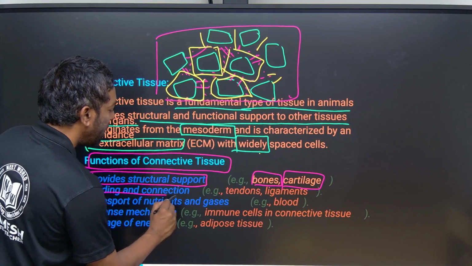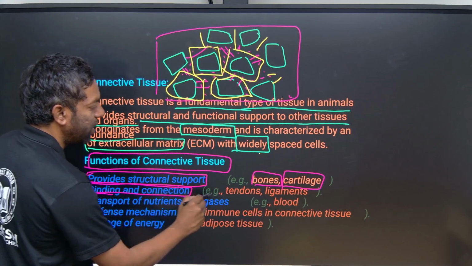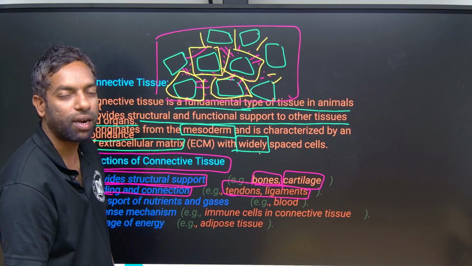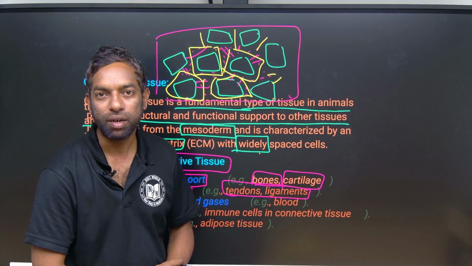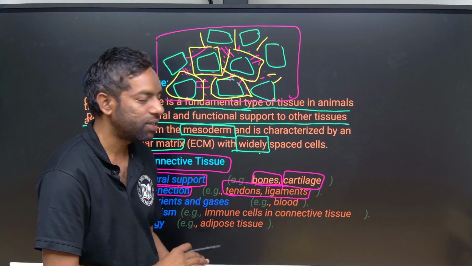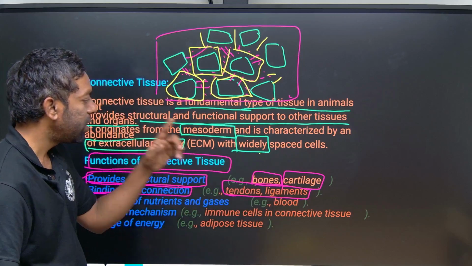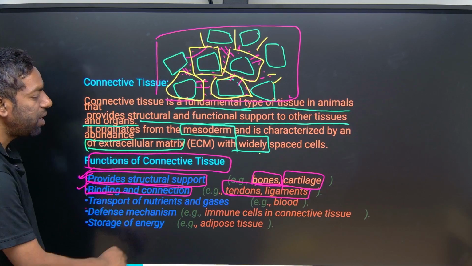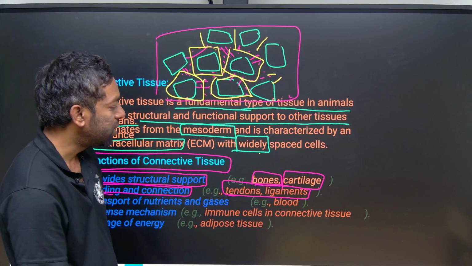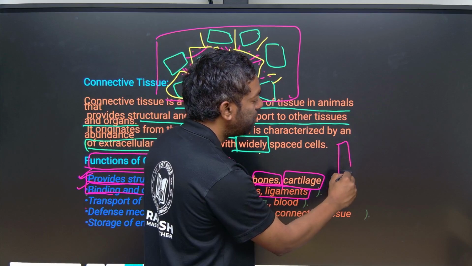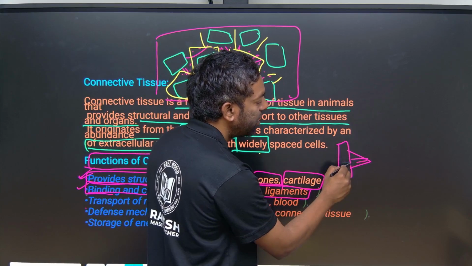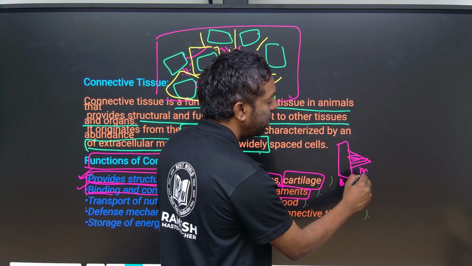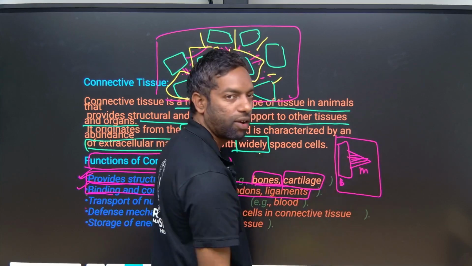And binding and connection: tendons and ligaments. Binding and connection means muscle to bone there is a connection, bone to bone there is a connection. Cartilage is also converted into bones. Tendon is bone attached with muscle; bone plus muscle together we call tendon.